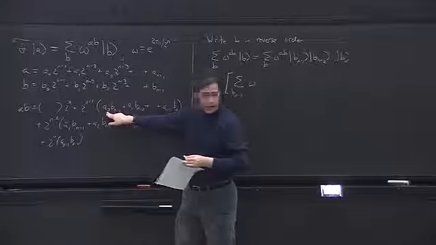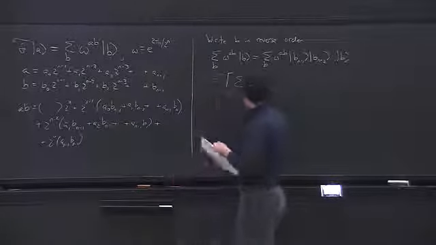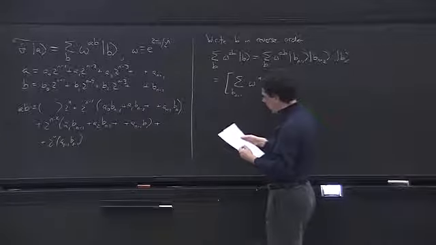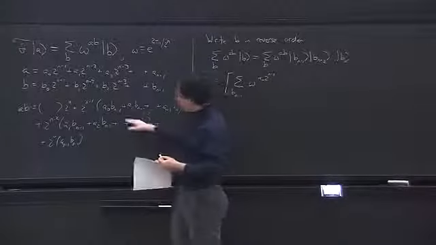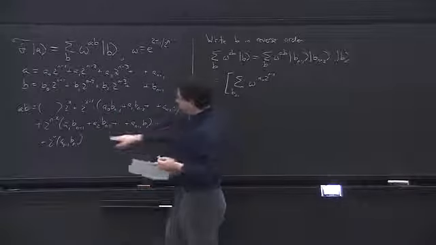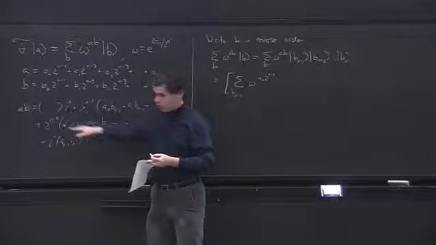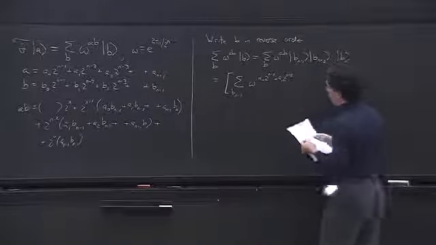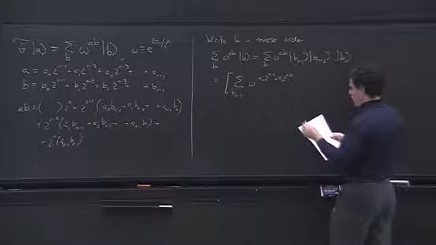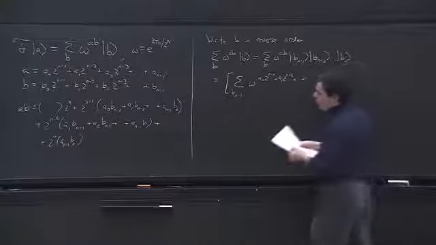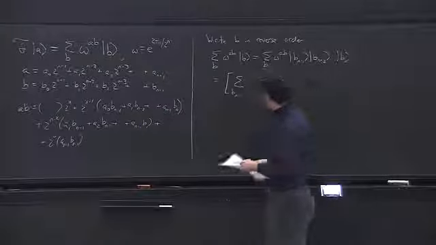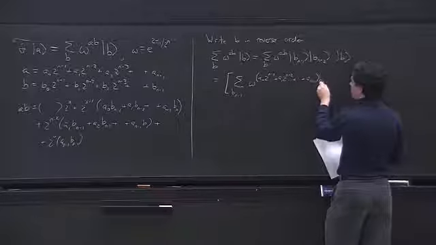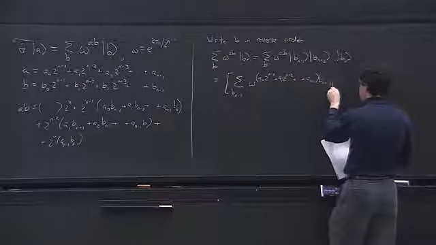Well, here we have A0, 2 to the n minus 1, and B n minus 1, so we have A1, 2 to the n minus 2. And so on. We have A2, 2 to the n minus 3, all the way down to this last one, which is A n minus 1. All of that times B n minus 1. And then we have the ket here, B n minus 1.